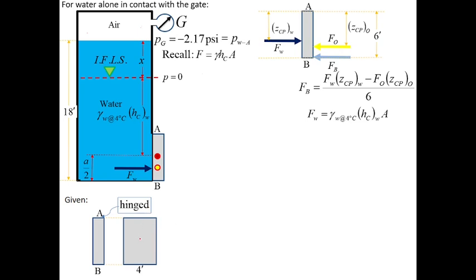And take note, since it is a rectangle, as I have discussed, it is the centroid location. So this is A over 2. That's why we have A over 2.